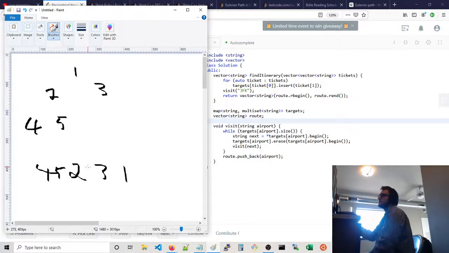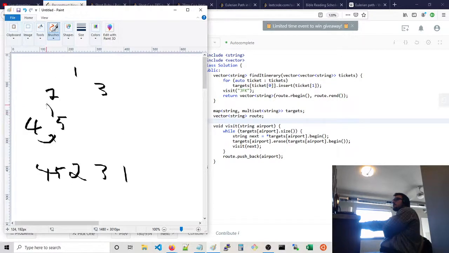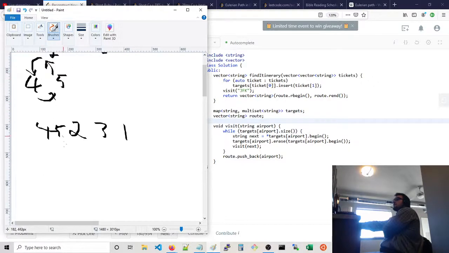Right, post order. 4, 5, 2, 3, 1. Right, and if there was a cycle, you're doing post order, where you remove that cycle, you would go starting from 2. Let's say 2 would come after 4 and 5, and 4 would come after 5, and so 2 would come after 4 and 5, which would be exactly reversed.